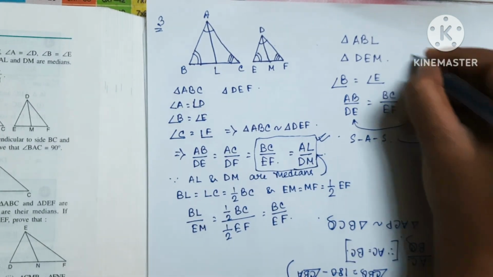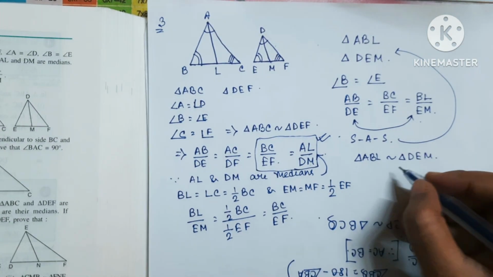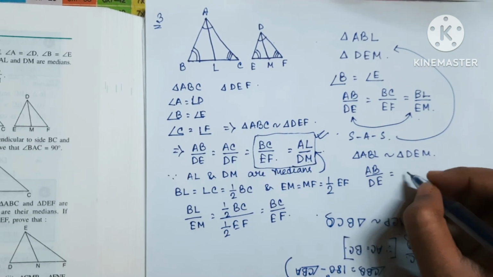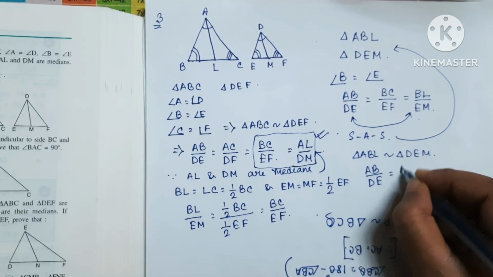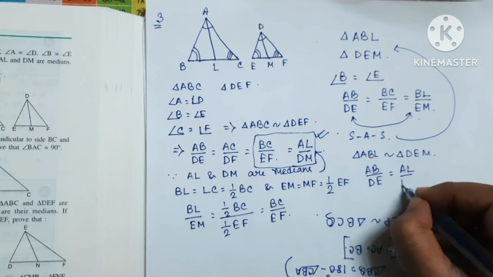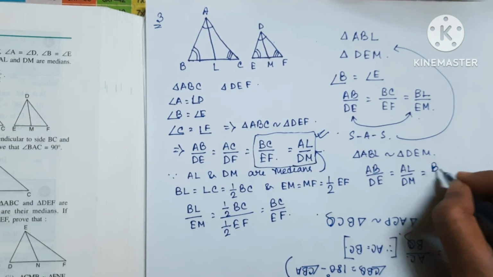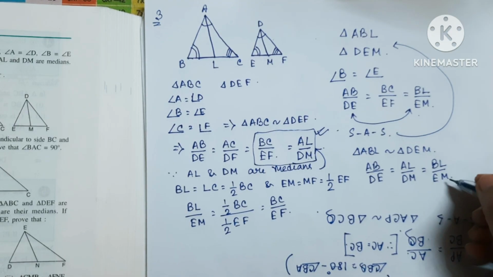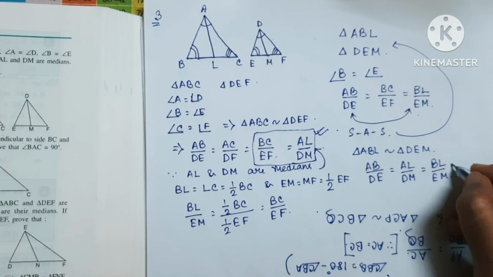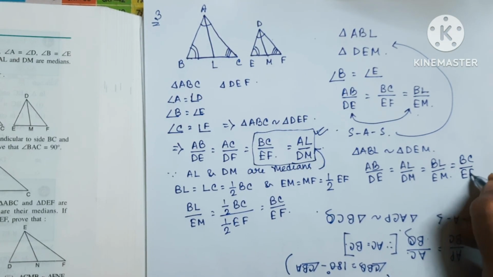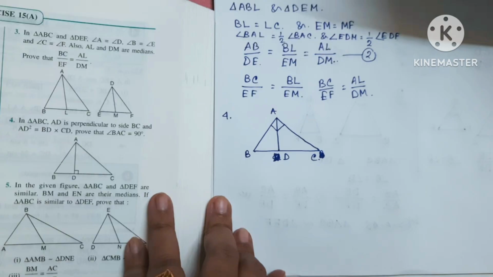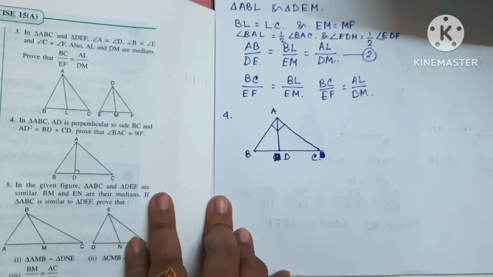You can say these two are similar. Okay. Now from here, you can say AB by DE is equal to AL by DM is equal to BL by EM. And BL by EM, that means BC by EF. So, proved.